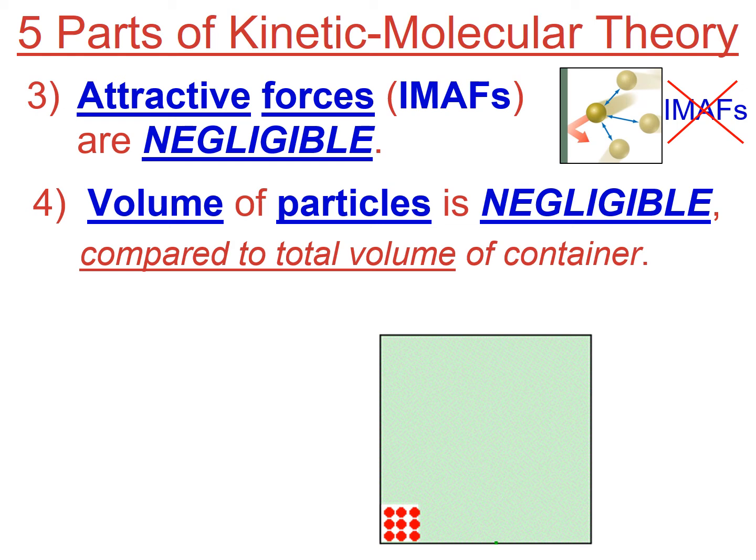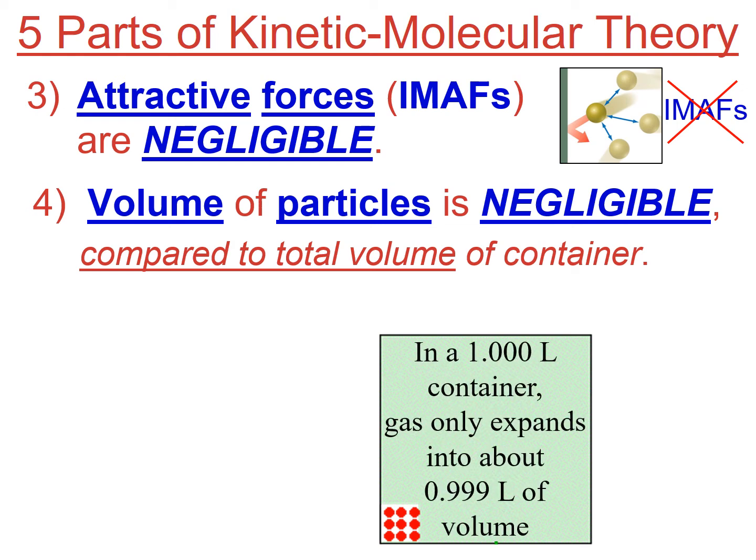Volume of particles is negligible compared to the total volume of the container. In a 1 liter container, gas only expands into about 0.999 liters of volume, or about almost all of its whole volume.